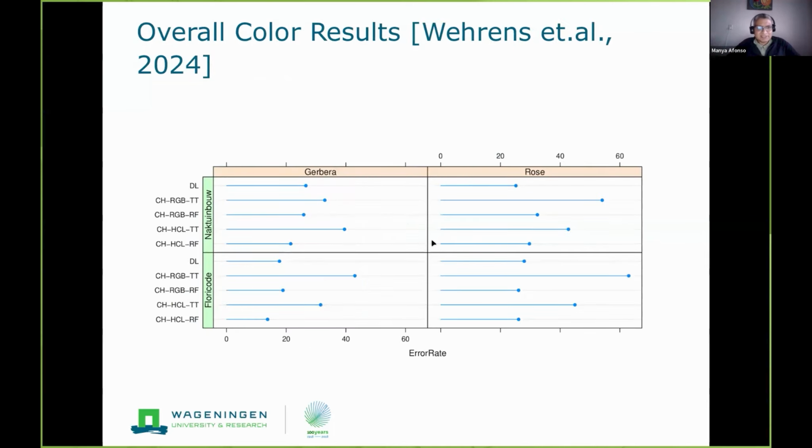And from the graph of the error rates, we can see that either deep learning or a traditional machine learning based on nearest neighbor or random forest classification, we can get accuracies of above 75% or sometimes even above 80%.